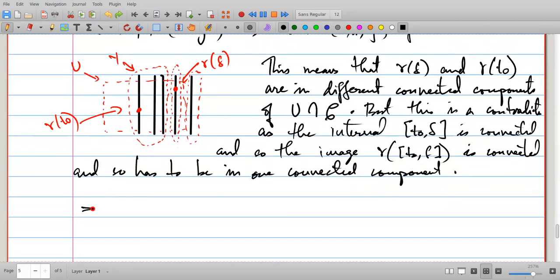So this implies that gamma of 0, 1 is completely contained inside Y.